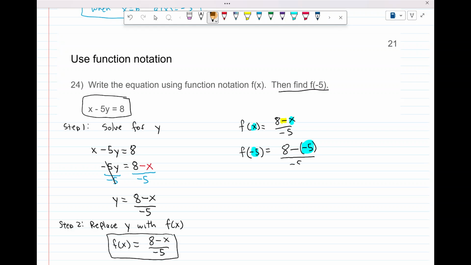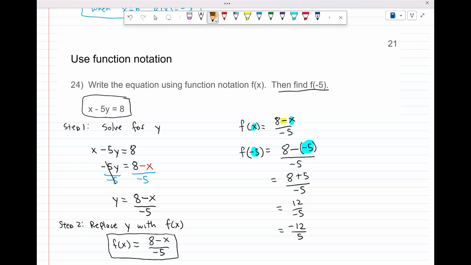Divided by negative 5. And remember, a double negative is the same as adding. So when you subtract a negative, that's the same as adding. And 8 plus 5 is 13 divided by negative 5. That's a perfectly good fraction. Often, though, we like to put the negative sign either in the numerator or just next to it.